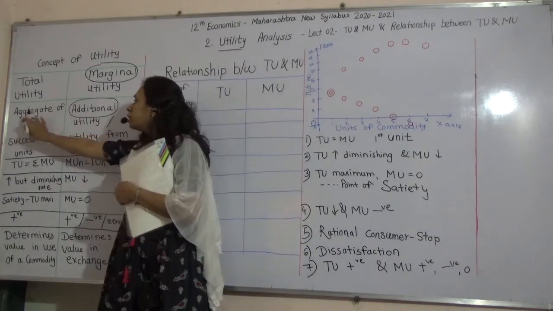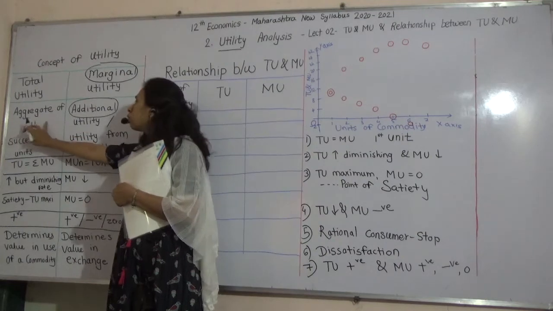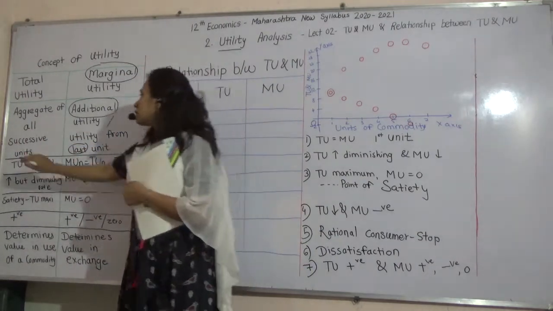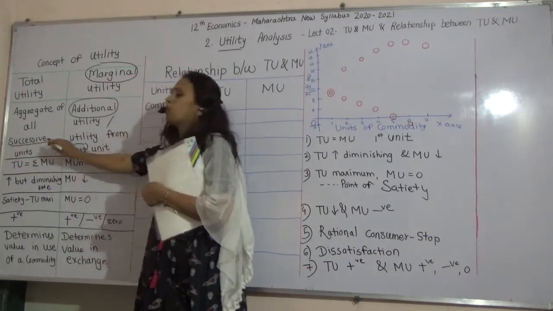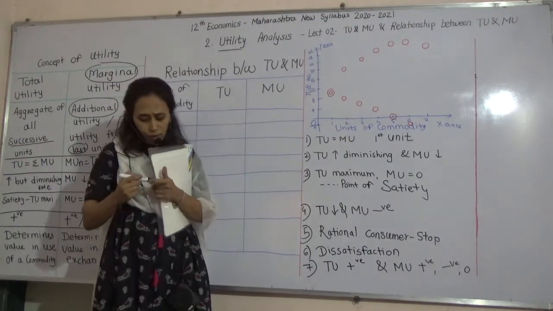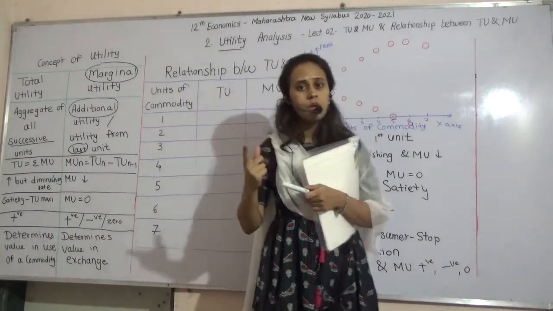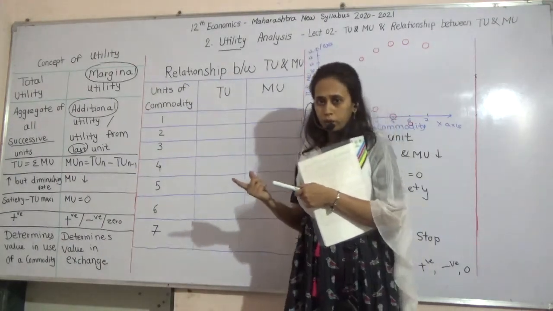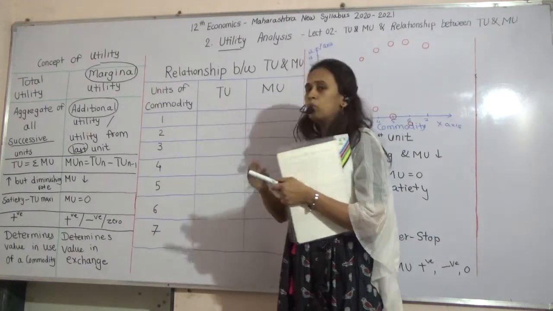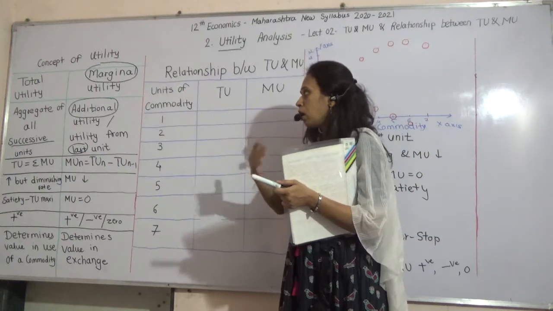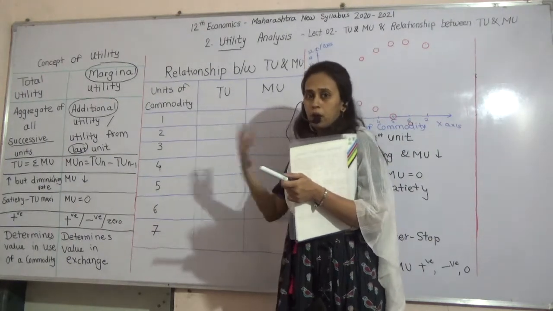And total utility is aggregate. Aggregate means total of all successive units. Now remember one thing, successive is a very important term. Why? Because if I want to check the total utility, then I have to consume that product continuously. Successively means without time interval, continuously.